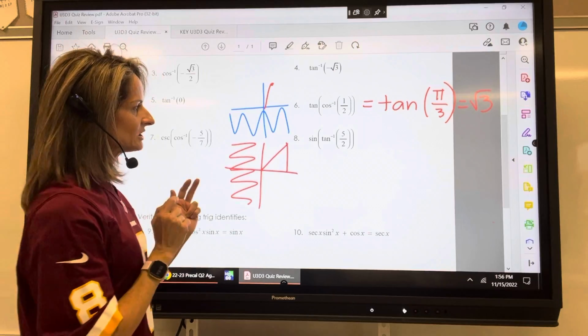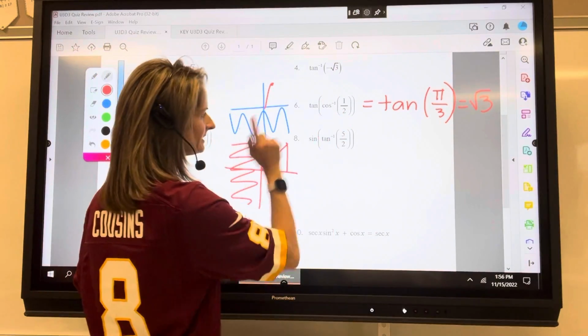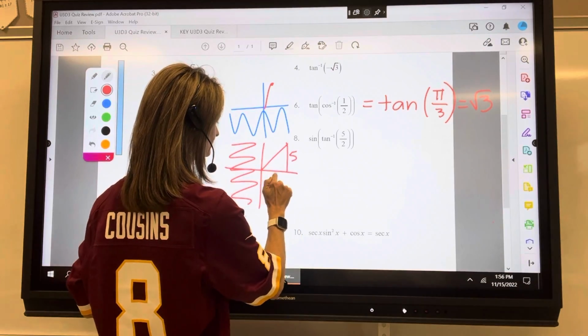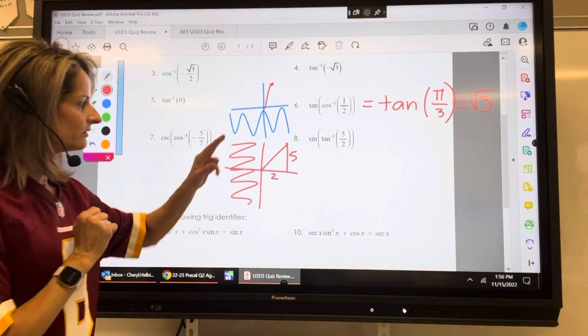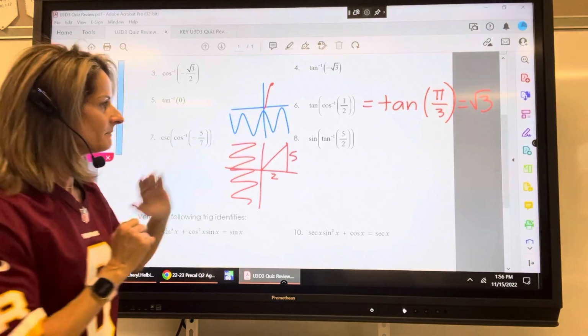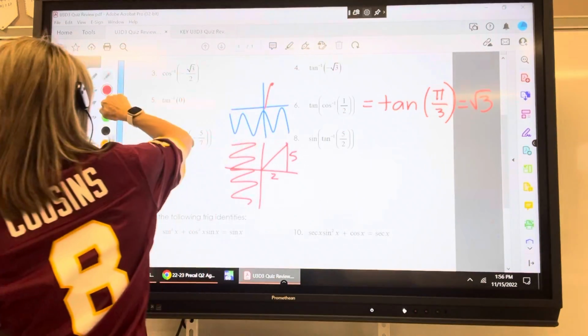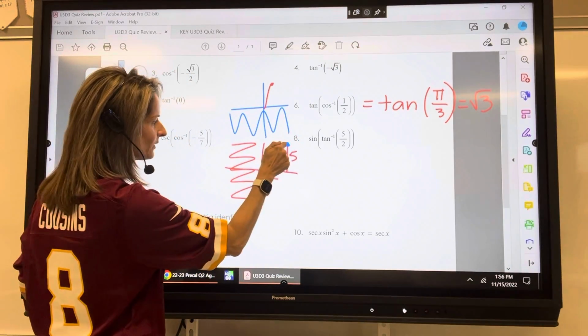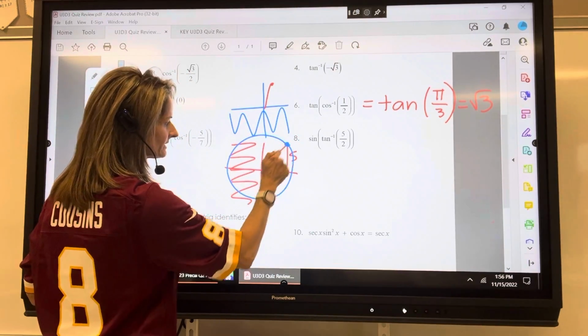Tangent is 5 over 2, so that's opposite over adjacent, or y over x, so 5 over 2. Now I need to figure out, using Pythagorean theorem, the measure of this. I'm calling it the radius, or if it's a triangle, you can think of it as the hypotenuse, but remember, these points are on the circle, so this is considered the radius.